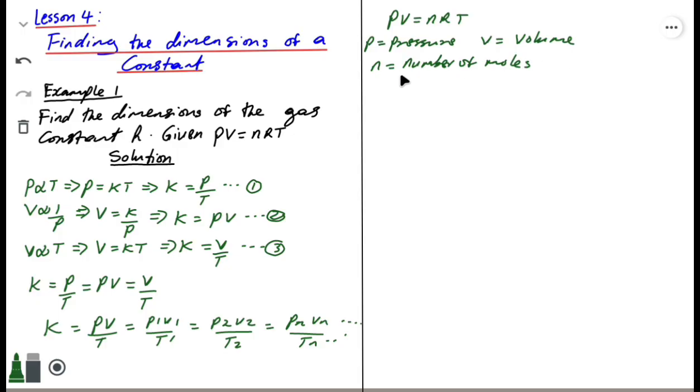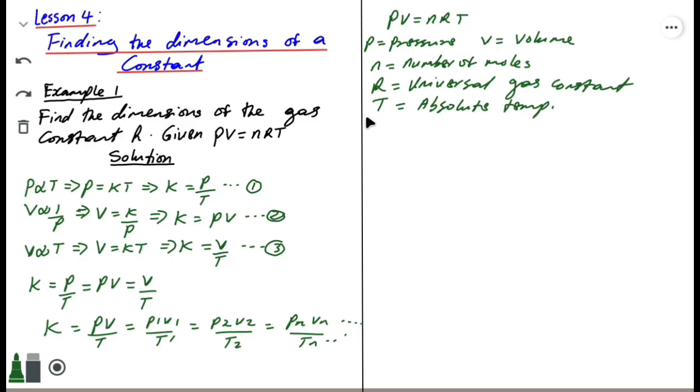And the R given here is considered to be the universal gas constant, and some people call it the ideal gas constant. T is the absolute temperature.